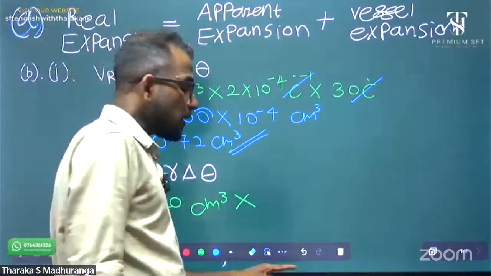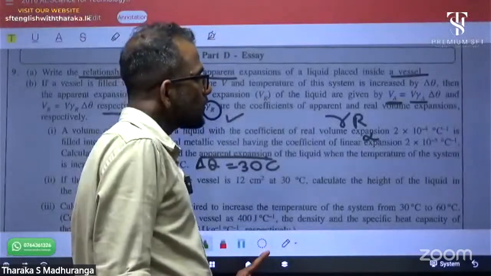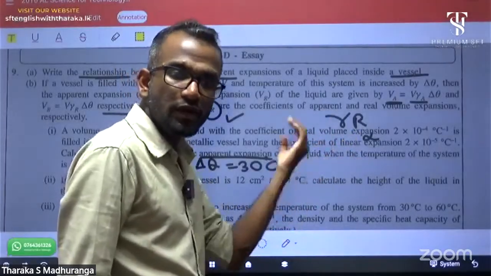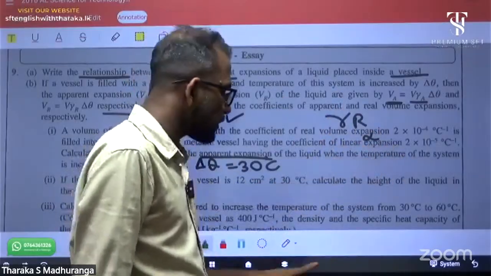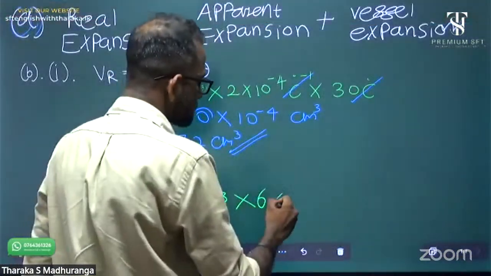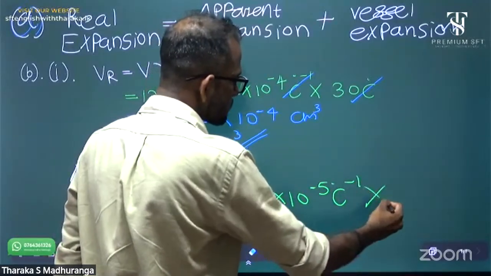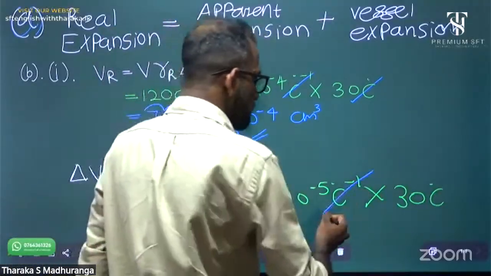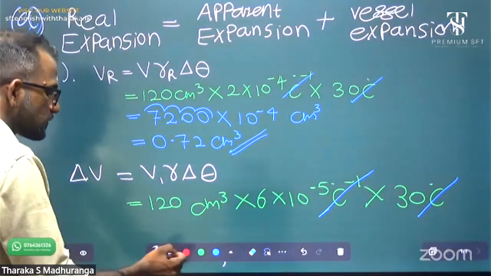Gamma is the container volume expansion coefficient. The container linear expansion coefficient alpha is given. You know, gamma means 3 times alpha, right? The alpha given is 2 into 10 to the power minus 5, then gamma is 6 into 10 to the power minus 5 per Celsius. Temperature difference 30. Per Celsius and Celsius cancel out.